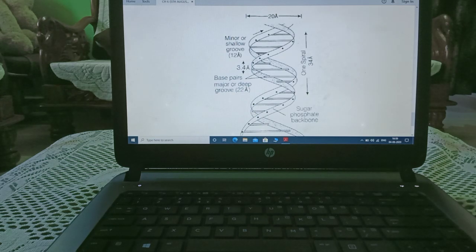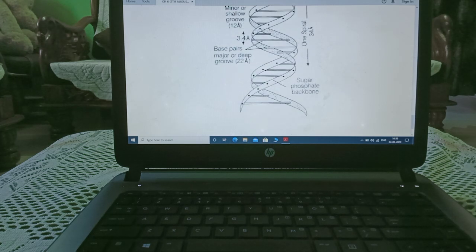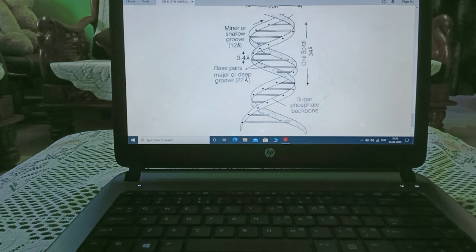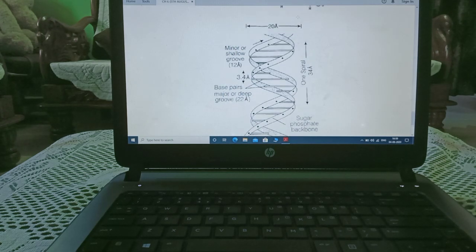So 3.4 into 10 is equal to 34 Angstrom. You can see the sugar phosphate backbone, and this is the complete structure of DNA which was proposed by Watson and Crick.